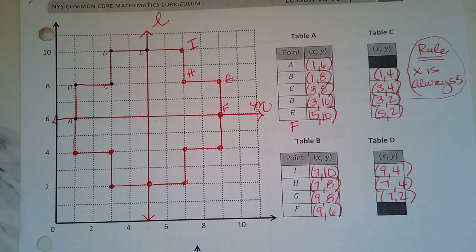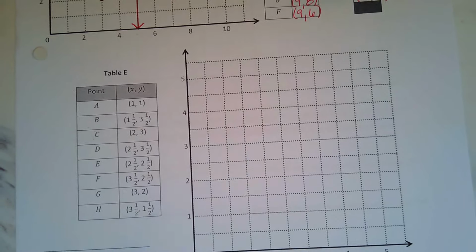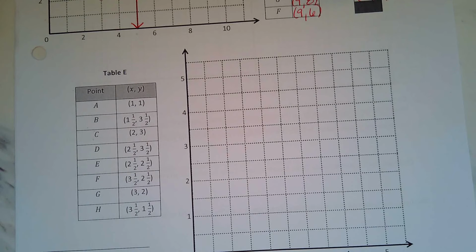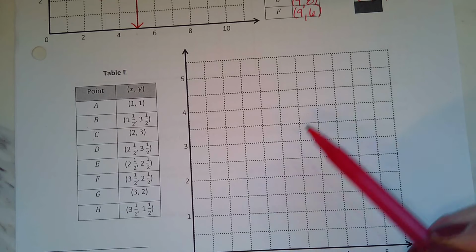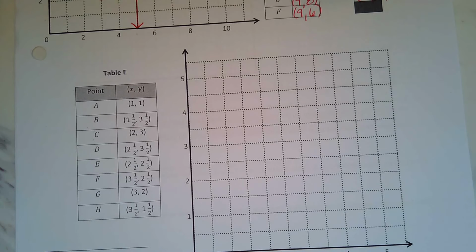Yes, it is. All right, now for table E, down here, you are going to create some symmetrical figures across a diagonal line of symmetry now. So what you're going to do is use your ruler or straight edge.